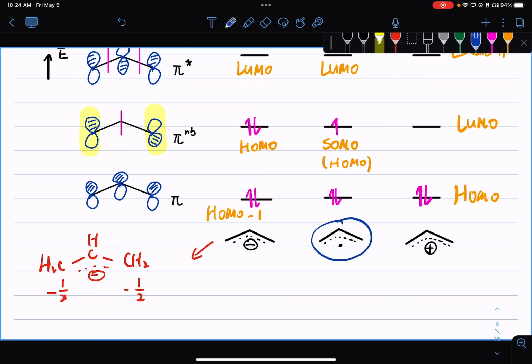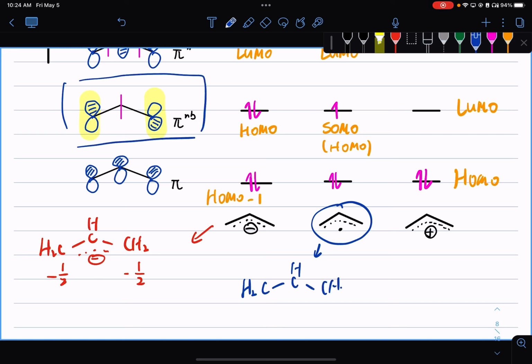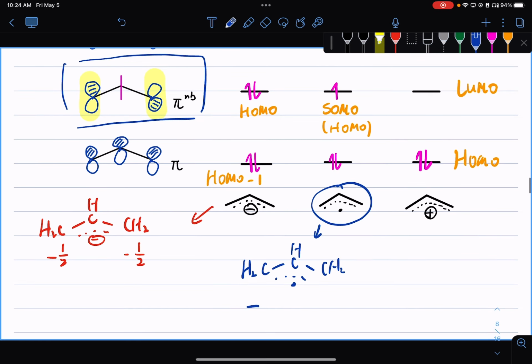For the radical here, it's the same idea. That radical is in this non-bonding MO. So CH, CH2, delocalized. So what we expect is 1/2 of that free radical on each of the terminal.